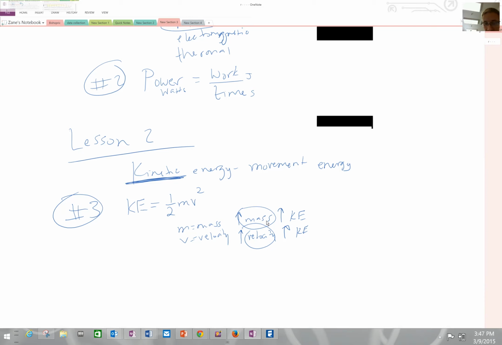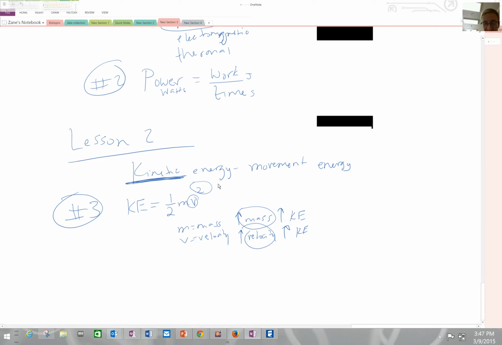Okay, one final note on this equation. The squared sign, I noticed that a lot of you guys didn't really know exponents that well, and I'm not surprised because exponents are kind of a more advanced math concept than maybe what you're used to. Exponents is just another way of saying I'm going to times this number by itself a certain amount of times. Okay?